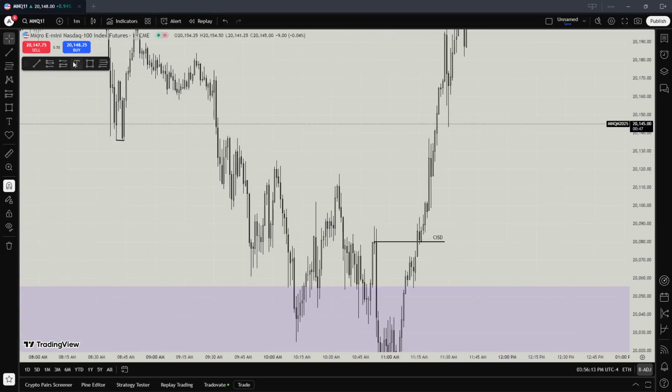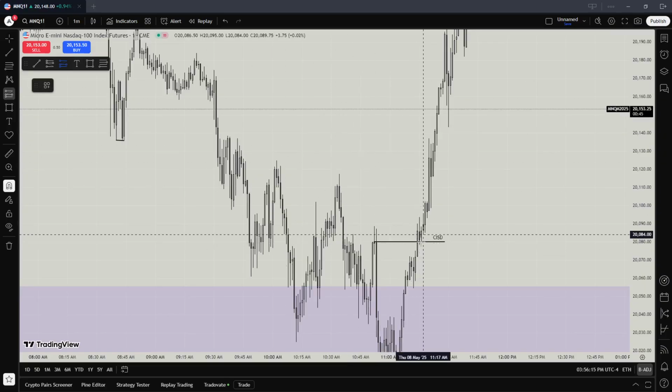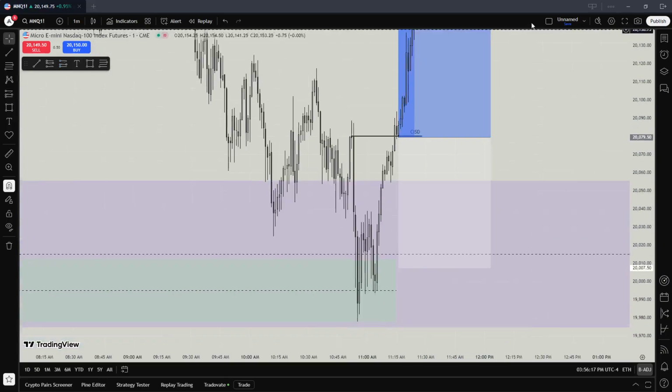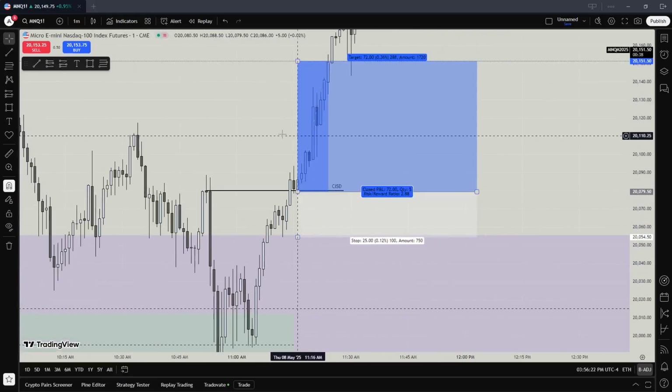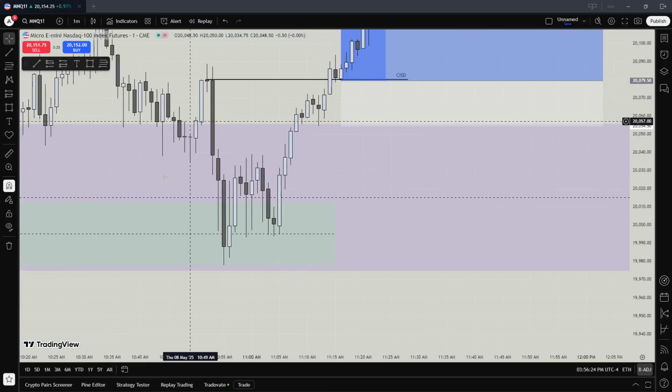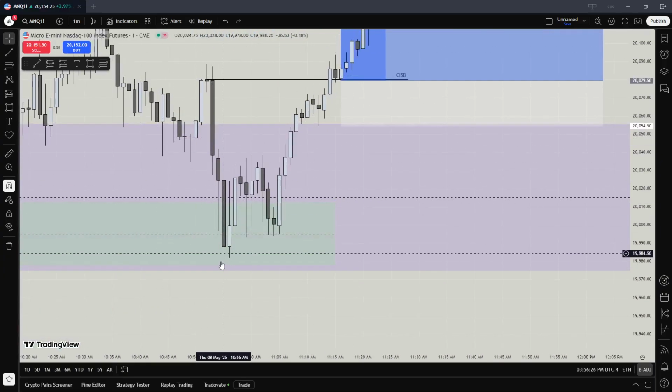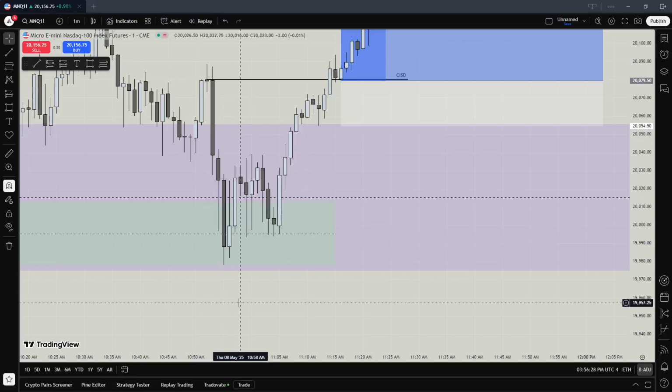So even if you took this trade on the CISD right here, change in state of delivery, that is the last series of down closing candles prior to sweeping these lows, right? So here is the low, 1055.